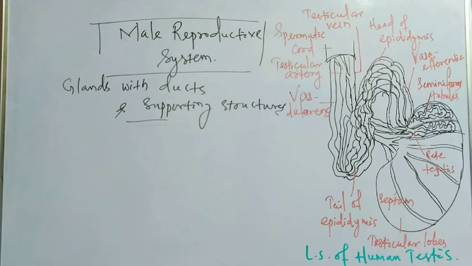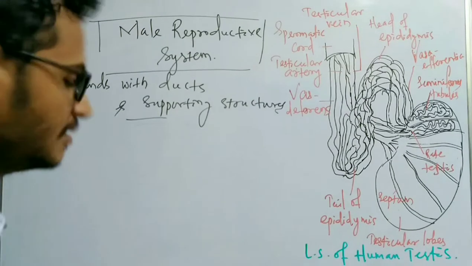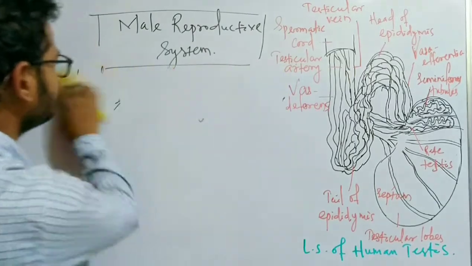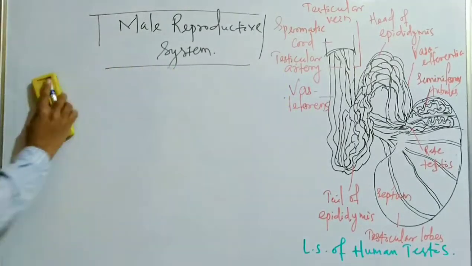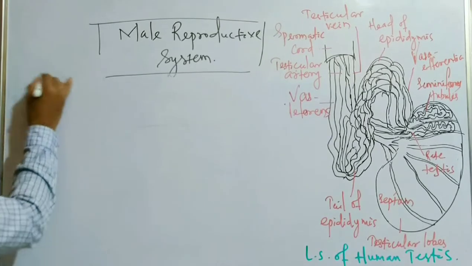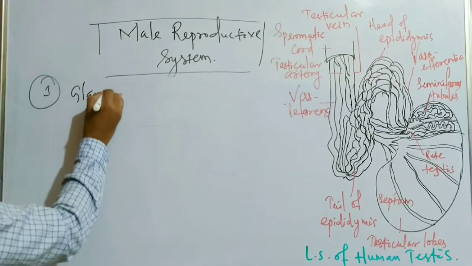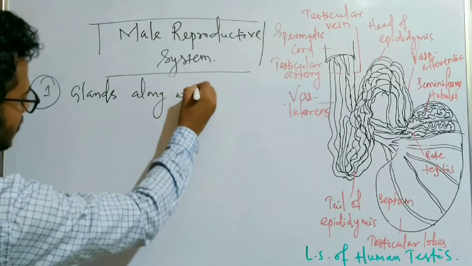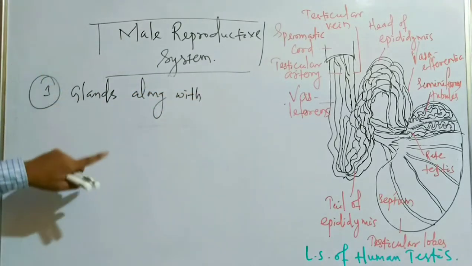So what are the glands? Let's discuss, and what are their supporting structures. Okay, so the first one is the glands. First, we have different glands along with their ducts.